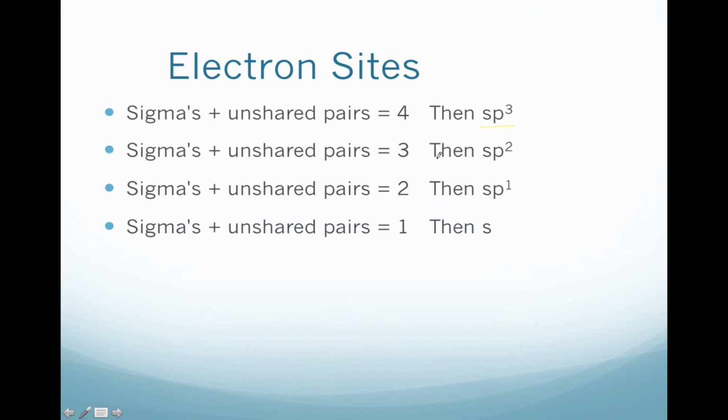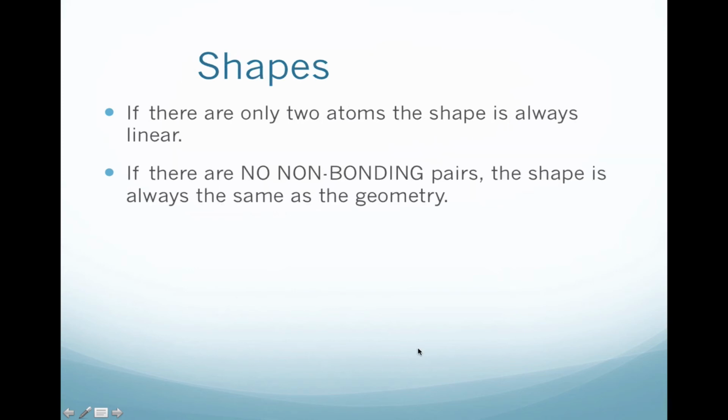If we have sigma bonds and unshared pairs and there's only 3 of them total, we have hybridization which is sp2. If we have sigma bonds and unshared pairs and together they only equal 2, we call this sp1 hybridization. And then you could have an example with a sigma or unshared pair only equaling 1, and we call that s, and that's not hybridized.